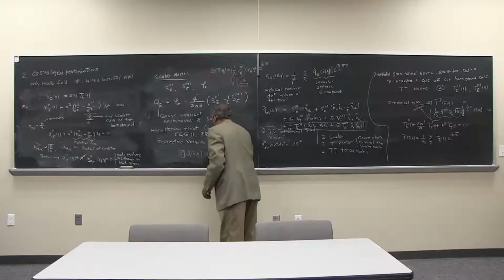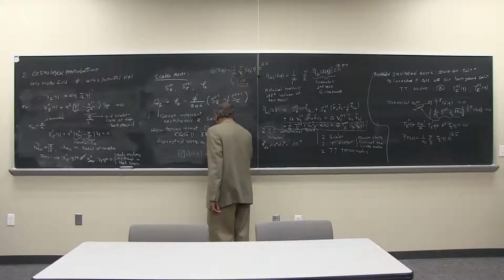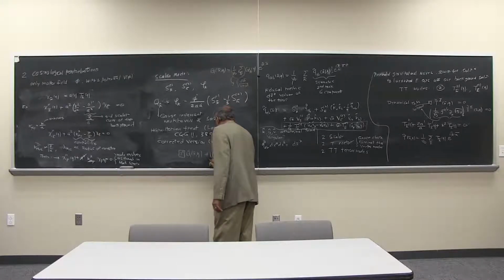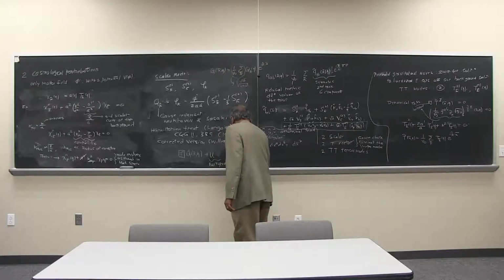but then there is a potential up here. So this potential is determined by background quantities, of course, so it depends only on eta.